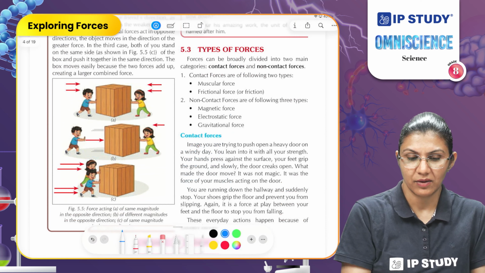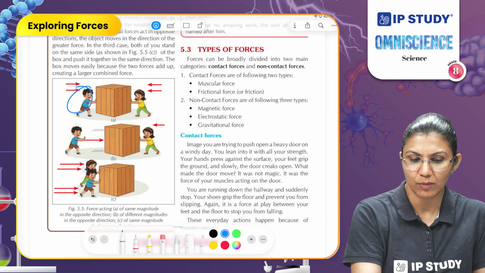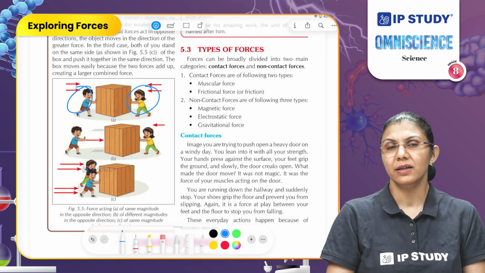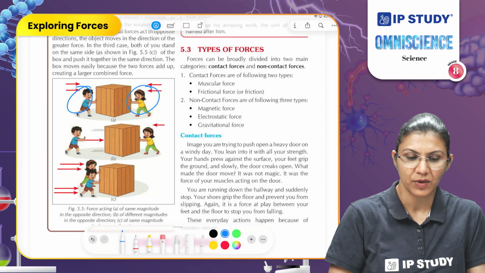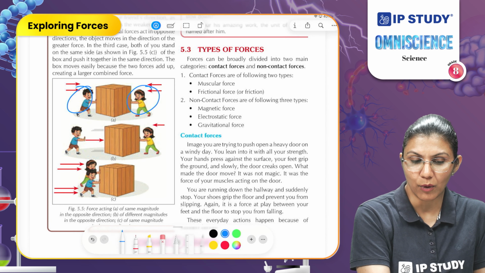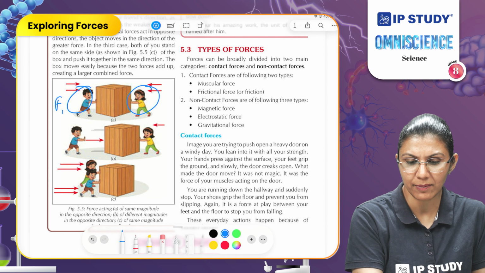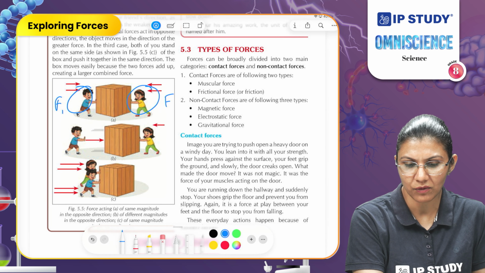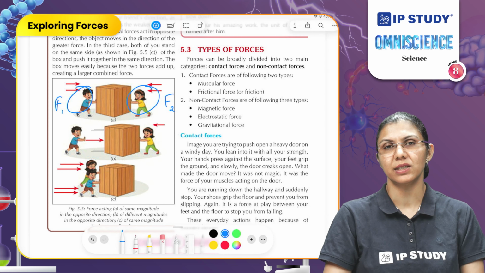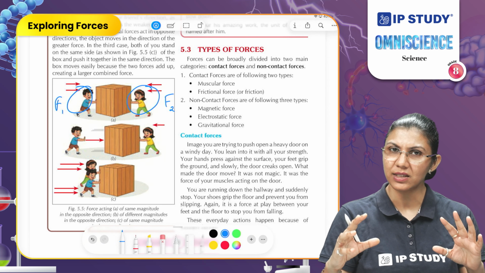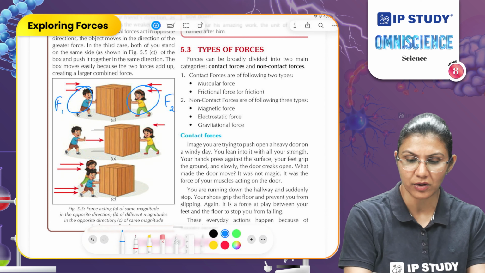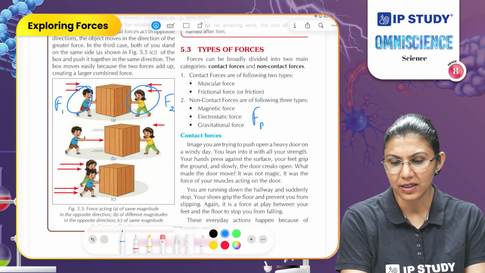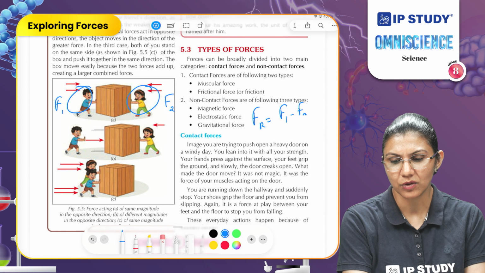For example, when you and your friend are both pushing a box from different directions, if both are applying the same amount of force, meaning the magnitude or strength of the force is equal, in that case the resultant force will be 0, because the resultant force equals force 1 minus force 2.